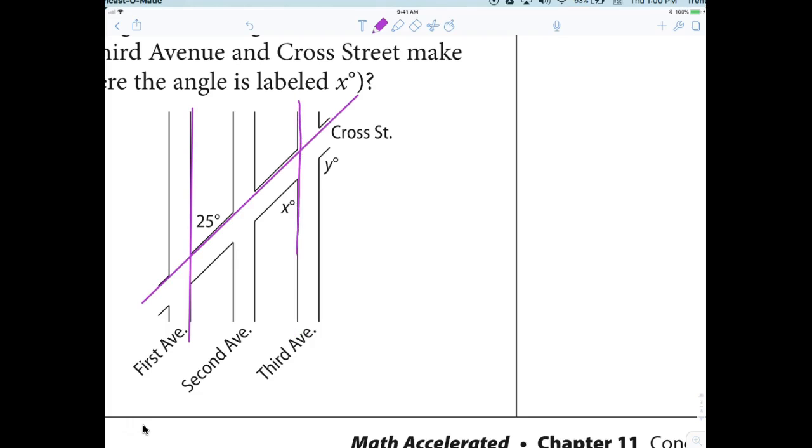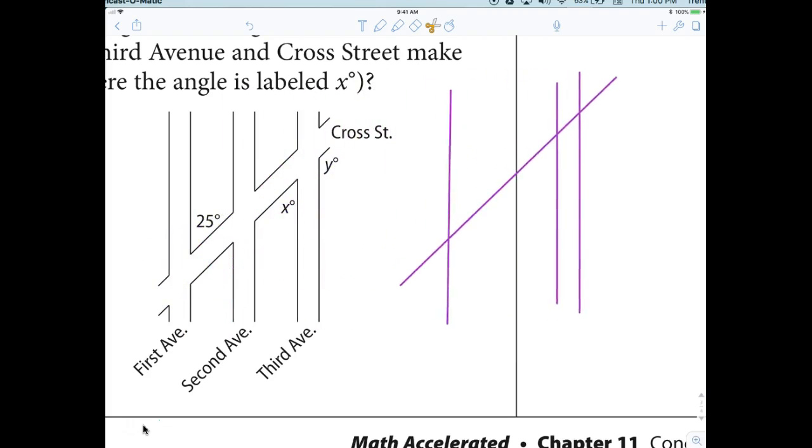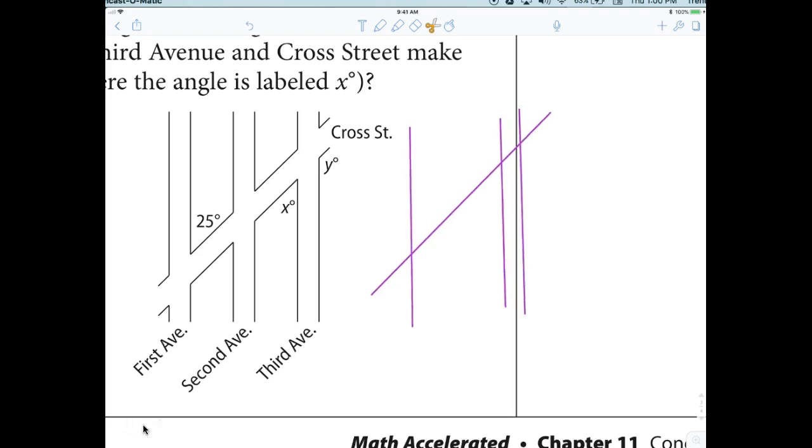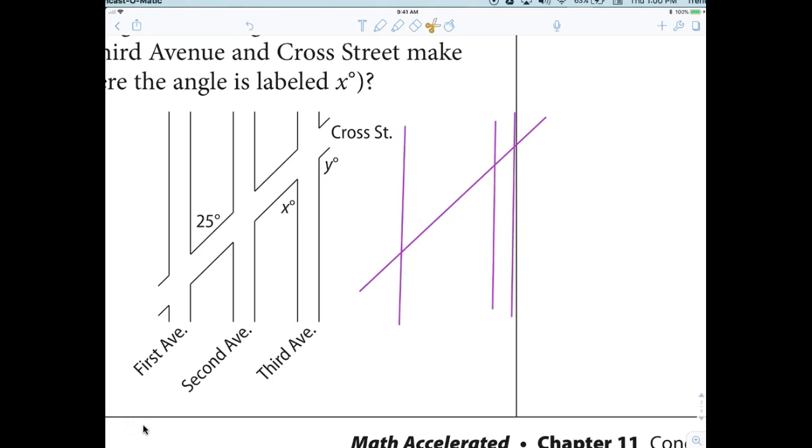So if you were to draw this, and the reason why I'm doing this on my iPad is because I'm going to show you how you can see it a little better if you move it out of the way. All right, move it so you can see it. So in this case right here, this is x, what they're looking for, and this is y, and this angle down here is 25 degrees.